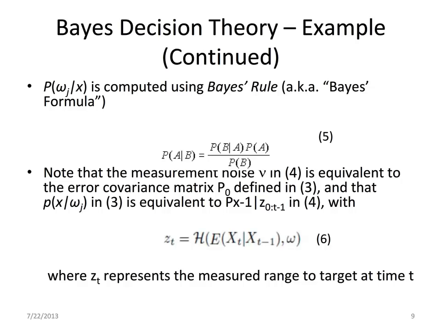And that the probability of the state given omega sub j in the previous equation that we saw, which is either the integral form or the discrete form based on Bayes' rule, is equivalent to the probability of the previous state, which is P of x minus 1 given z naught from time 0 to time t minus 1.